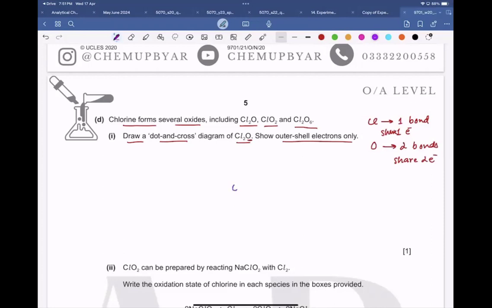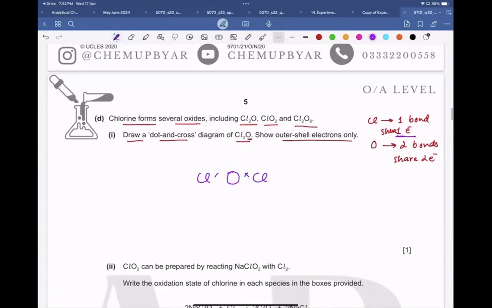So oxygen is going to be present in the middle, and then 1 chlorine over here and 1 chlorine over here. Okay. As we have decided, chlorine is going to share 1 electron. So this chlorine shared its 1 electron, and this chlorine also shared its 1 electron. Is this clear?